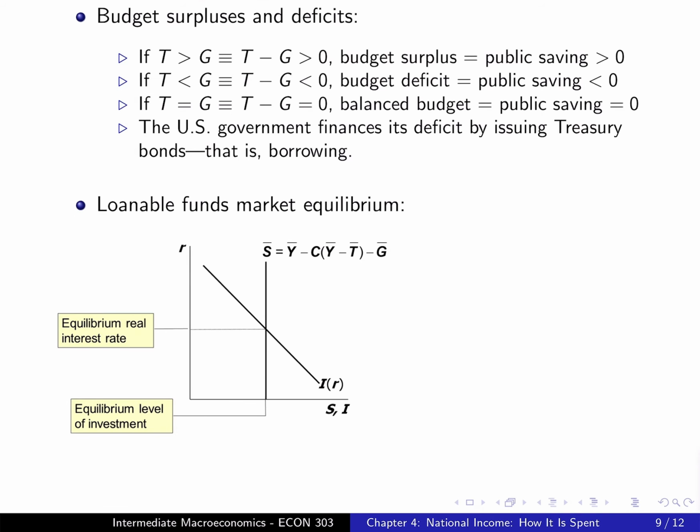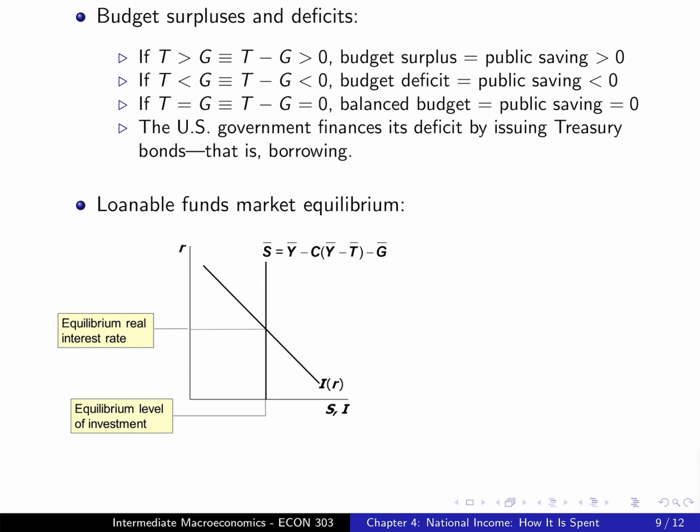Let's now talk about how government finances interact with the loanable funds market. Budget surpluses and deficits. If T is greater than G, then T minus G is greater than 0. The government runs a budget surplus. This is also called positive public saving.